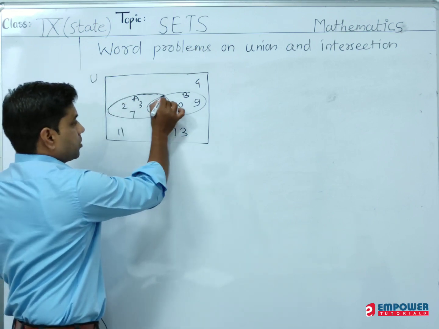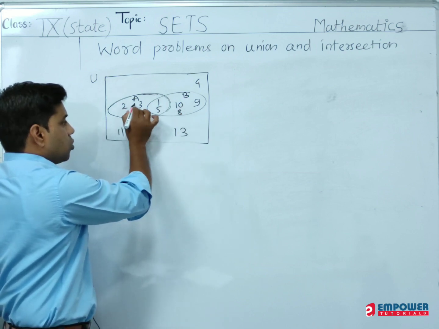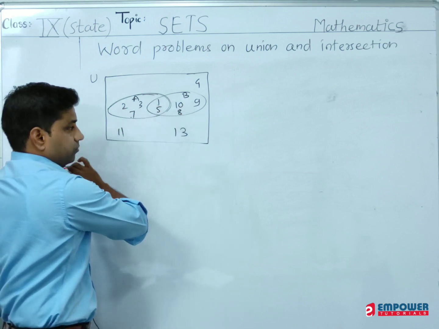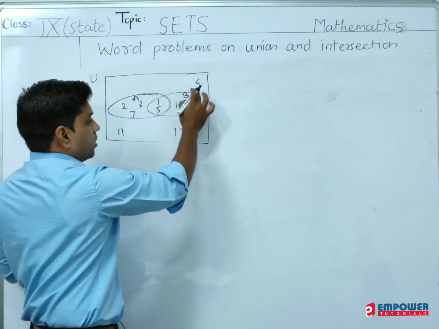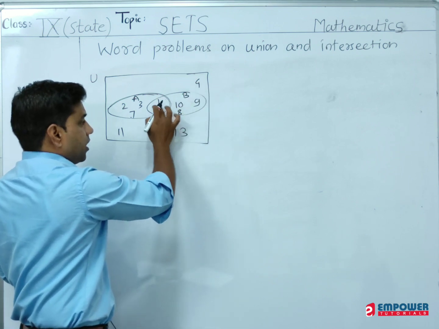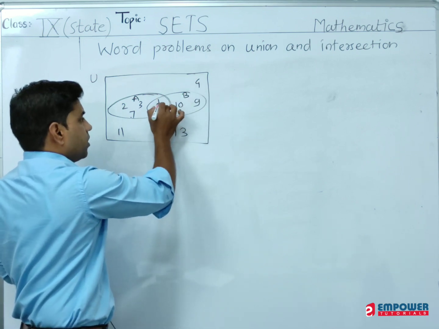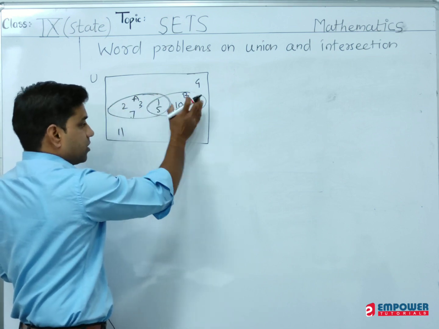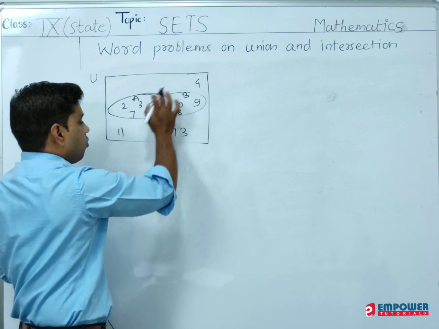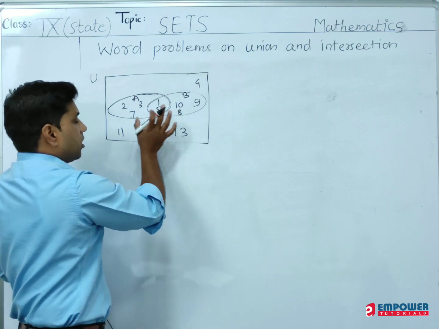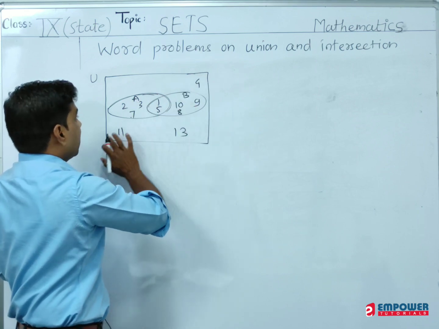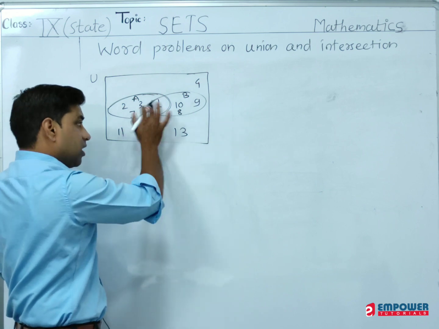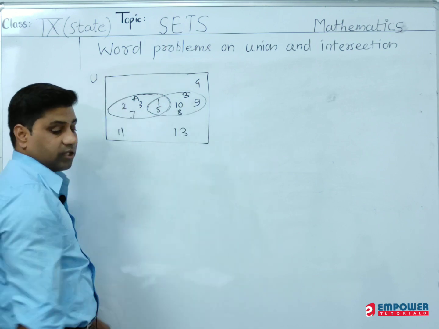This whole set is called A. So there are 2, 3, 7, 1, 5 in A. In B there are 8, 9, 10, 1 and 5. But what about 1 and 5? 1 and 5 are the common elements in set A as well as in set B. And what about 4, 11 and 13? They are not part of set A and B, but they are part of the universal set, meaning other than A and B but in the universal set.